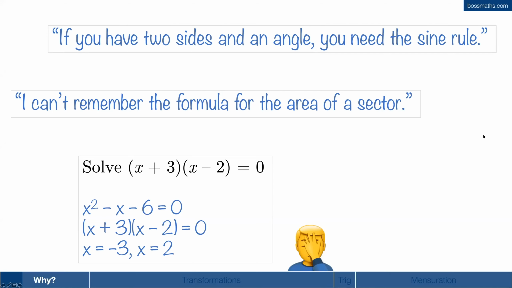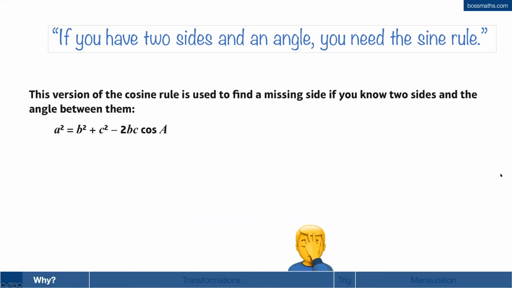This one at the top here, if you have two sides in an angle, you need the sine rule. Most recently, I heard something along those lines from an A-level student who I happen to tutor, who's from a grammar school. Now, I went part-time a few years ago for various reasons, and a year later, I started to do a little bit of tutoring at weekends.